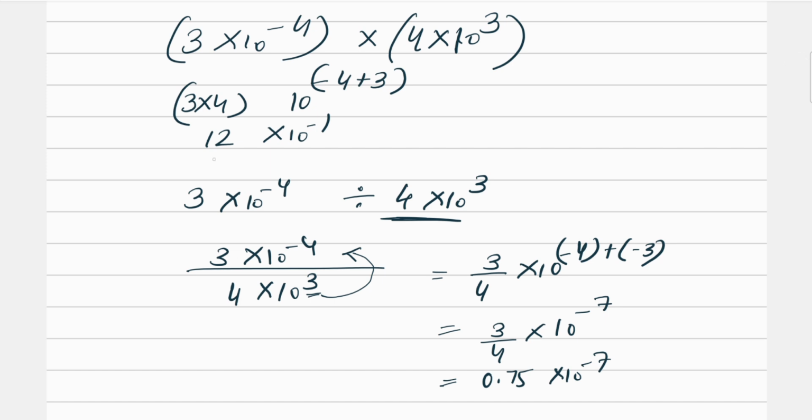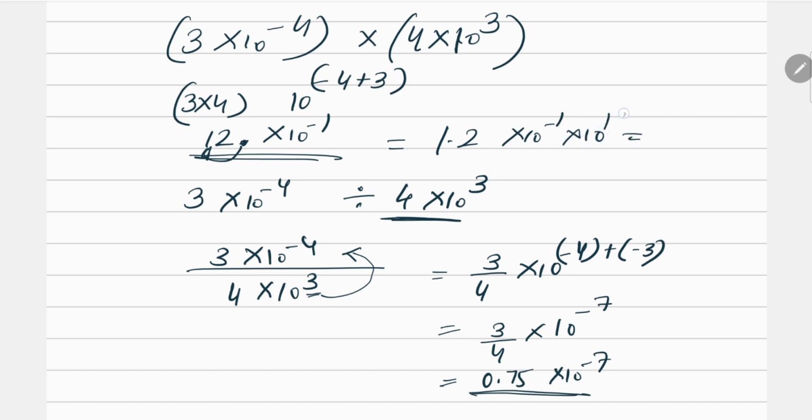Now once again, these are not scientific notation. As you can see, one non-zero number should be before the decimal. So over here, the decimal is over here. How are we going to do it? 1.2 into 10 raised to power negative 1 into 10 raised to power 1, and it is going to be 1.2.